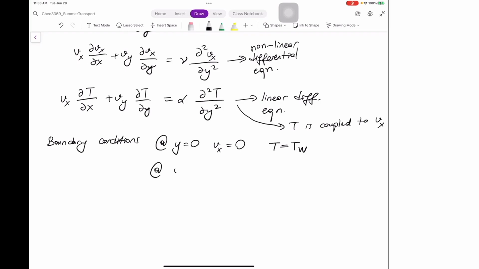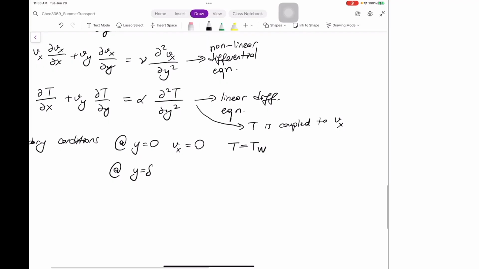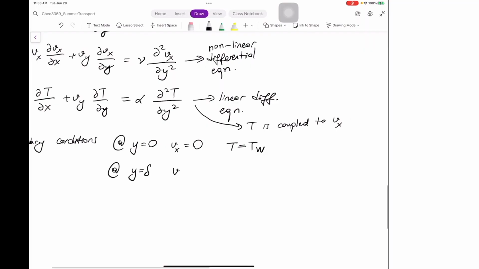At y equal to delta, Vx is equal to V infinity, right?